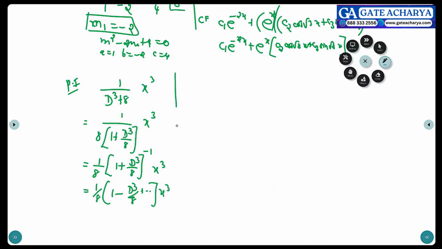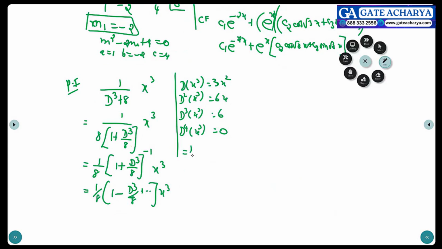Before that, we find the derivatives of x cube. The derivative of x cube is 3x square. The second derivative is 6x. The third derivative is 6. The fourth derivative is 0. Therefore, this expansion is valid only up to the third derivative. It is enough, since the fourth and higher derivatives all vanish.